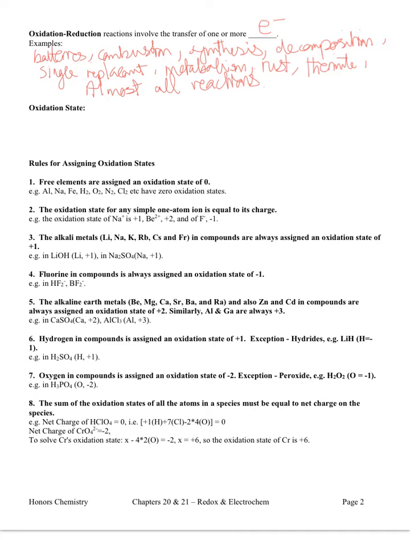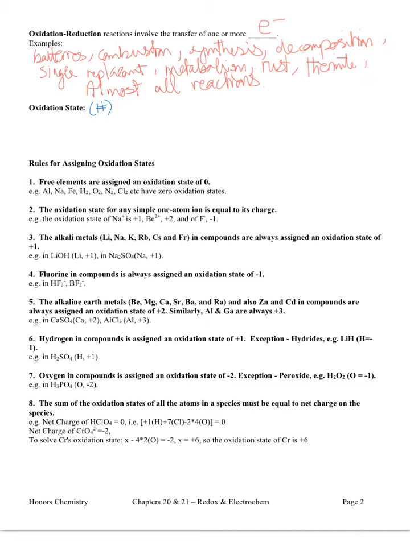Now, to help us figure out how the electrons are transferred, or where they're coming from and where they're going, to help keep track, we use something called oxidation states or oxidation numbers. These are basically numbers that help us keep track of electrons in a chemical reaction.